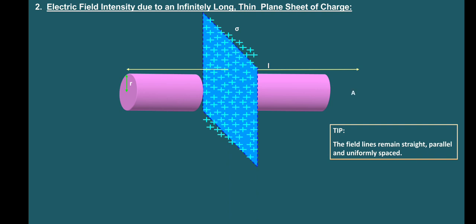The area which we consider on the sheet is A. This A and the electric field are acting in the same direction. Since it is a positive charge, the direction of the electric field and the direction of the area will be the same. That means theta becomes 0.